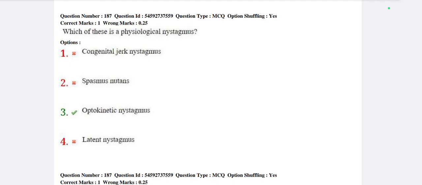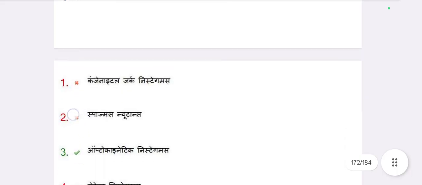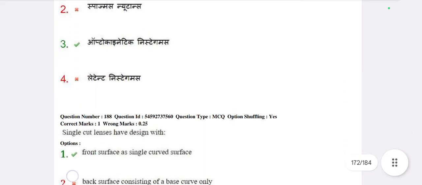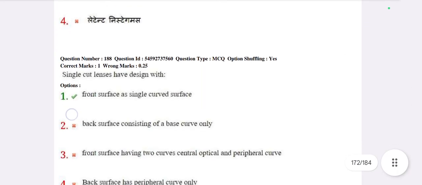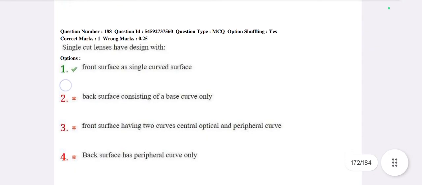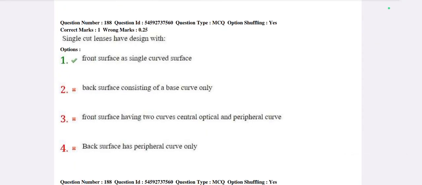Correct answer is optokinetic nystagmus. Option third is correct. Our next question is, single cut lens has a design with? Correct answer is front surface as single curved surface.